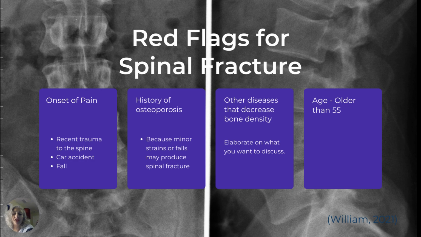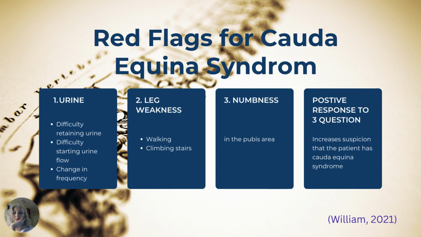If the patient has a history of other disorders that increase the risk for decreased bone density, such as renal failure, chronic GI disorders, or chronic use of corticosteroids. And if the patient is older than 55 years old and answers no to these three questions, there is a decreased suspicion of fractures causing the patient's low back pain.